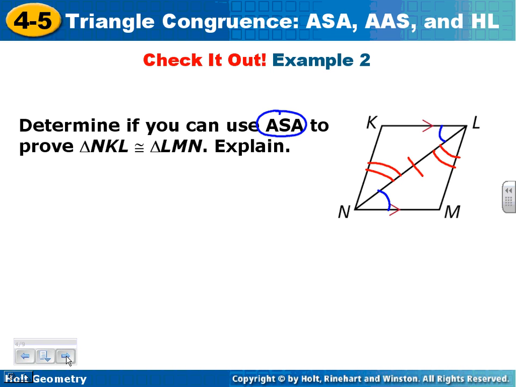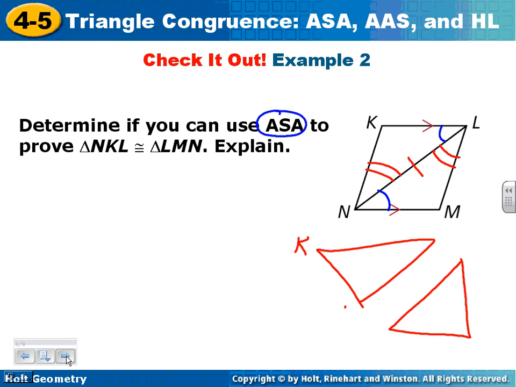So what I want to do is draw these triangles separately. Here's the top one, and here's the bottom one. Let's label this K, N, L. That's L. There's N, and there's M. So again, I'm just pulling the two triangles apart.